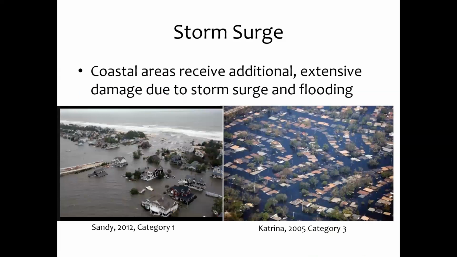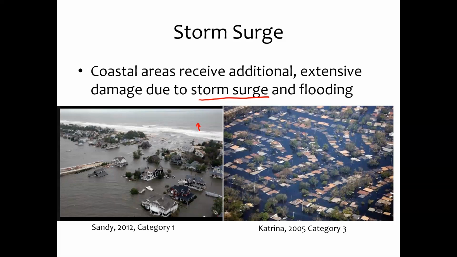Of course, hurricanes can affect areas inland, but they particularly affect areas that are right on the coast due to that storm surge that I wanted to talk about. That storm surge is going to, because of the lower pressure under the storm, because of the winds of the storm forcing water onto shore, push the ocean water up abnormally high, sometimes by tens of feet at most, several meters.